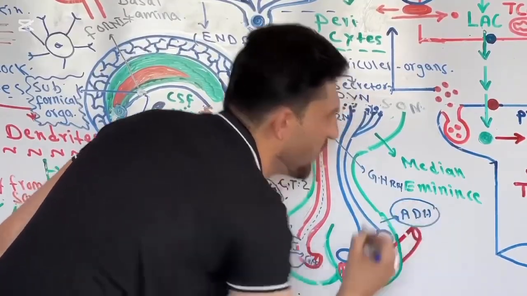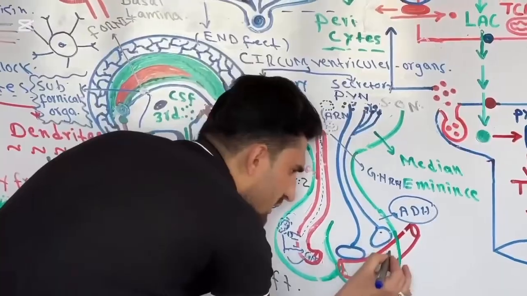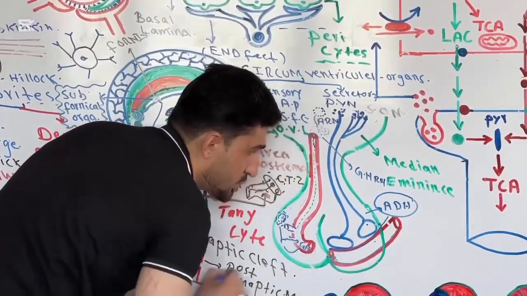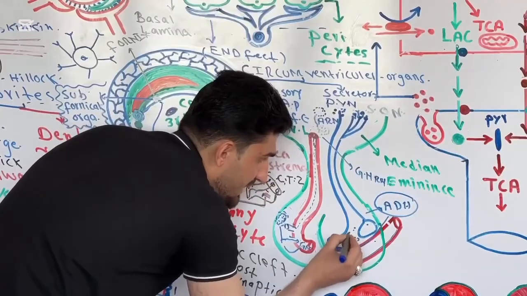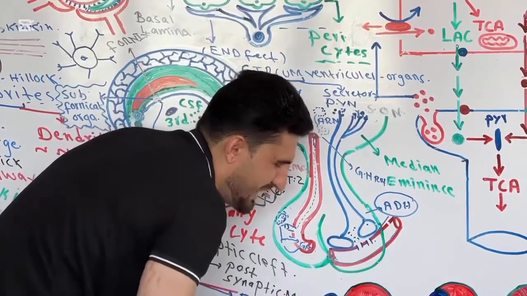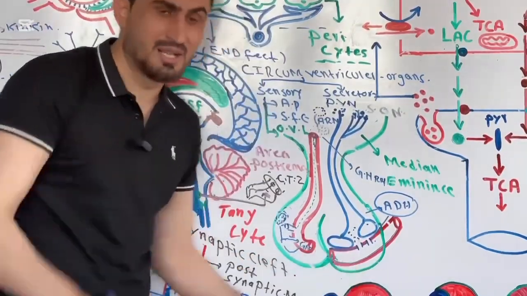ADH is a peptide hormone, so it cannot cross a blood-brain barrier to enter the blood vessels. That's why we don't have a blood-brain barrier in the posterior pituitary gland, okay?